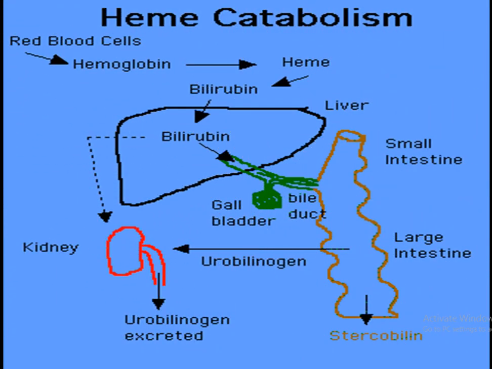This is the heme catabolism. You can see from the RBC we are getting hemoglobin, then globin is plasma protein, heme is coming to the liver and to be excreted out through the kidney and through the intestine.